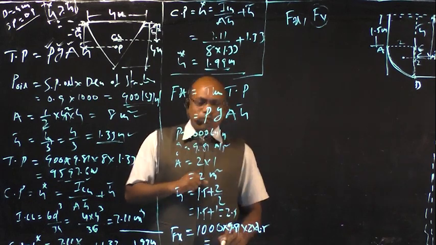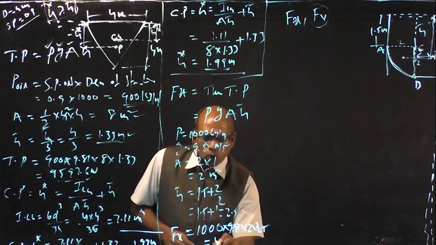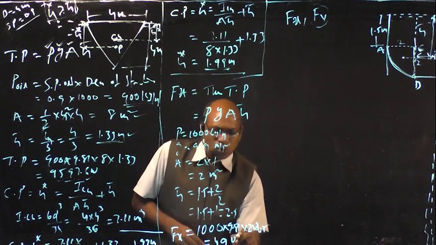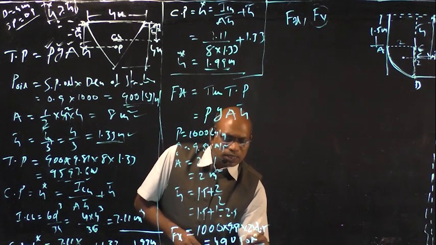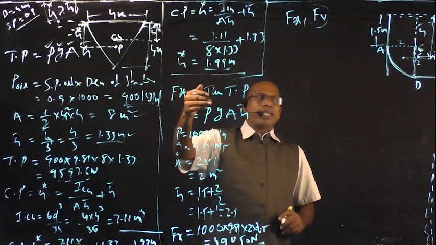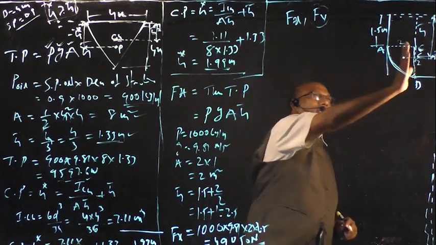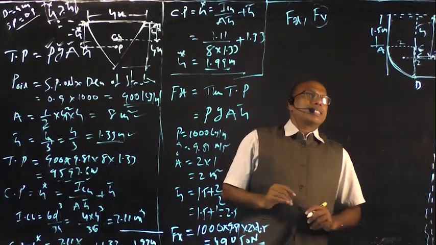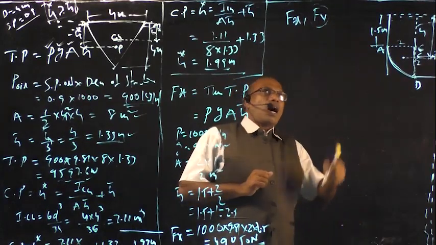Therefore, Fx is equal to 49050 newtons. This is the horizontal force acting on the curved portion AB, that is on the plane surface CB.